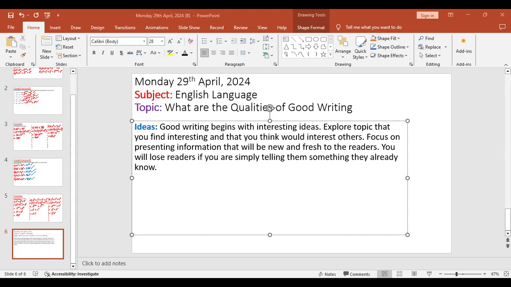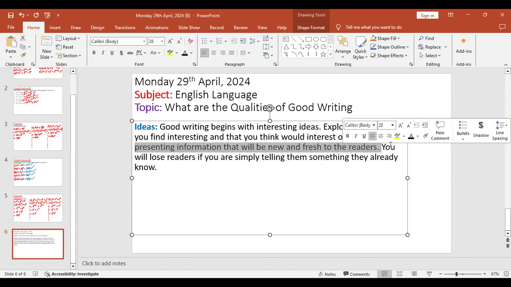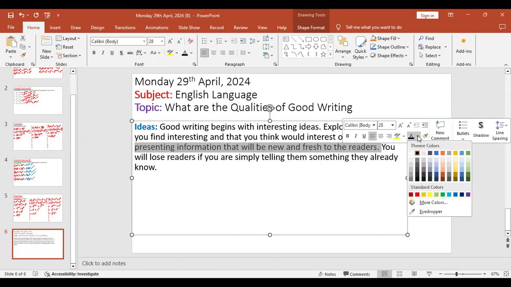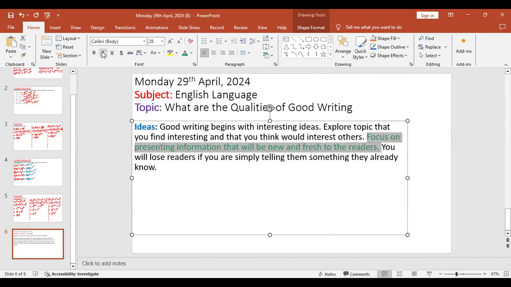So I would highlight this particular sentence: focus on presenting information that is new and fresh. Okay. In order to present information that's new and fresh and relevant, you need to be exposed. You need to read a lot of information.